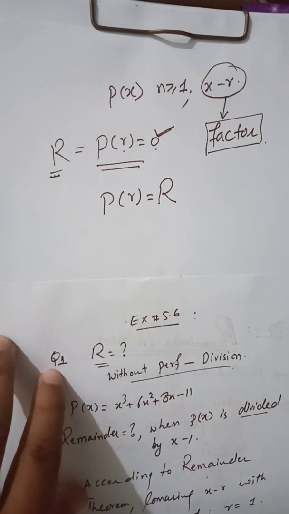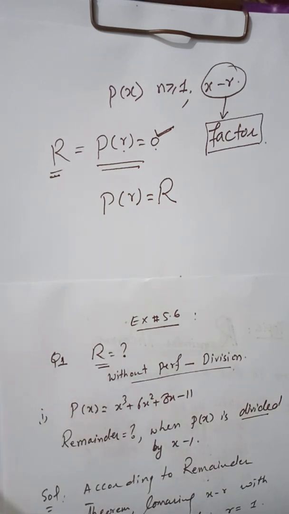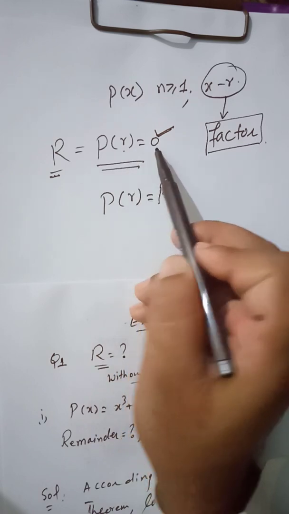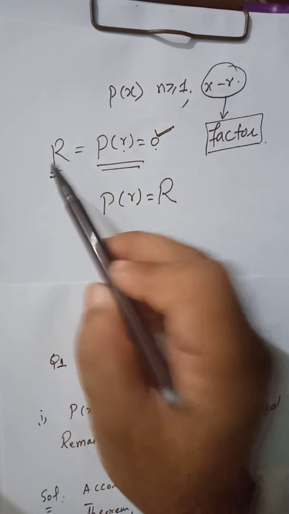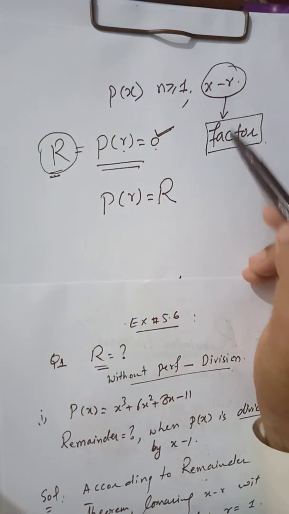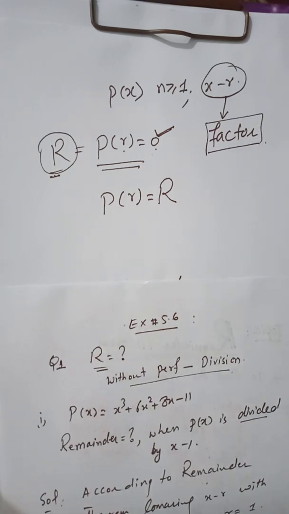You clearly know from the previous video lecture that when you divide a polynomial by, let's say, x minus r and you get a remainder 0, then x minus r is said to be a factor according to the definition. So when the remainder R equals 0, then this x minus r is called a factor, and this statement is called the factor theorem.